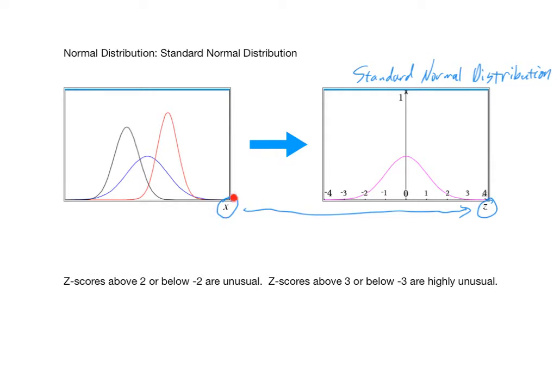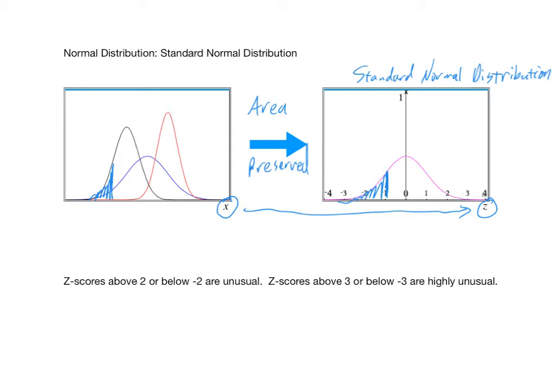And under this transformation from raw data values x to standard scores z's, the areas are preserved as you do this transformation. So what that means is essentially whatever area is to the left under the raw data values, the corresponding z value would have the same area to the left of that.